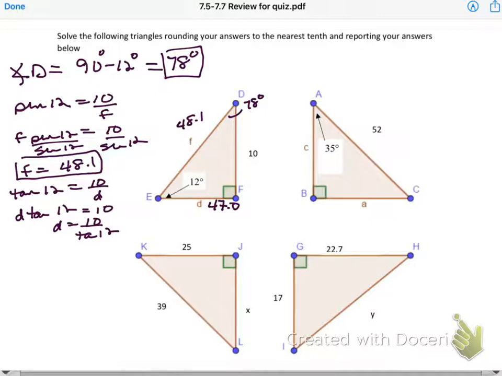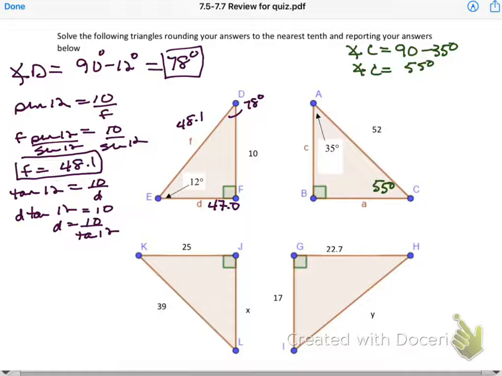So let's go on to another triangle. We'll go to the one right next to it. So to get angle C, I'm just going to say 90 minus 35 degrees, and that will give me angle C equals 55 degrees. Then let's try to solve for some of the missing sides.